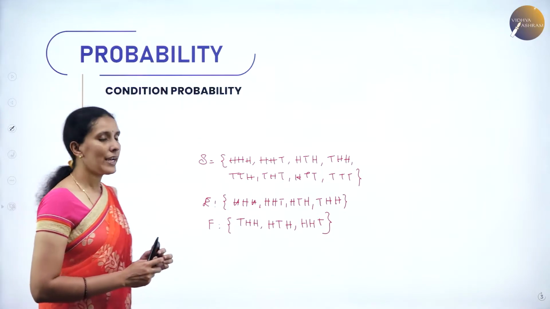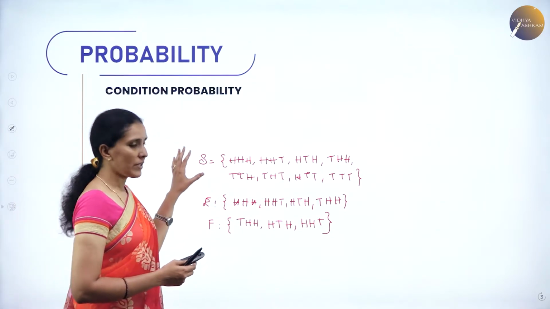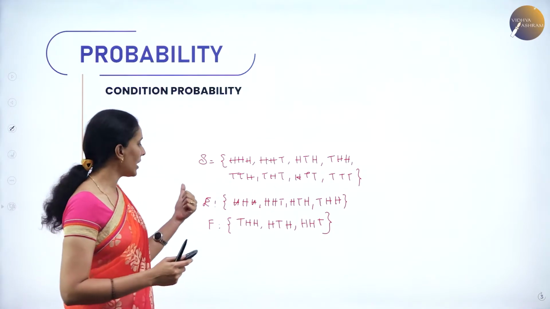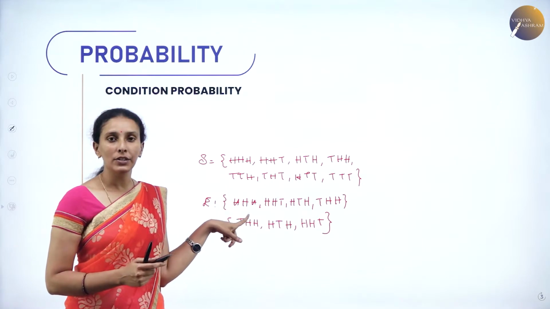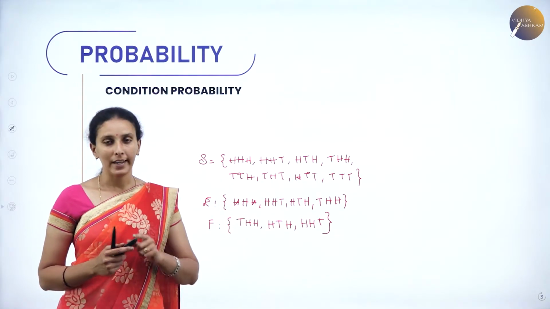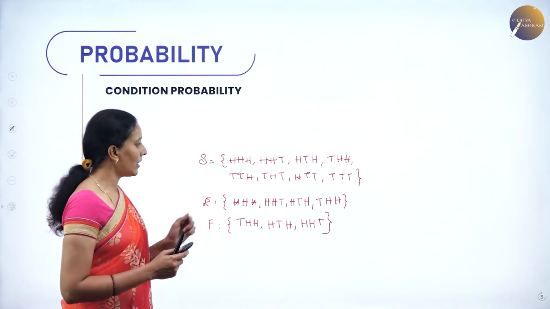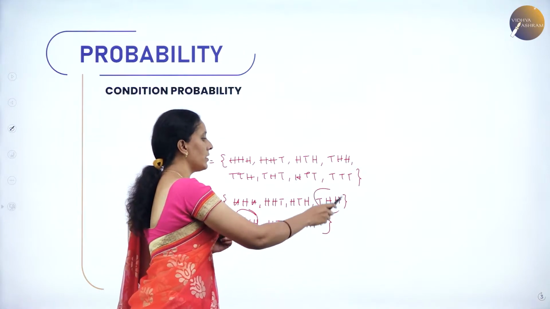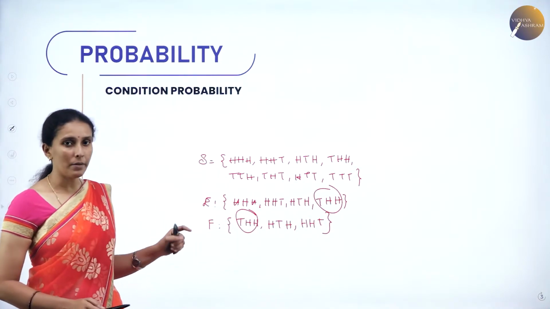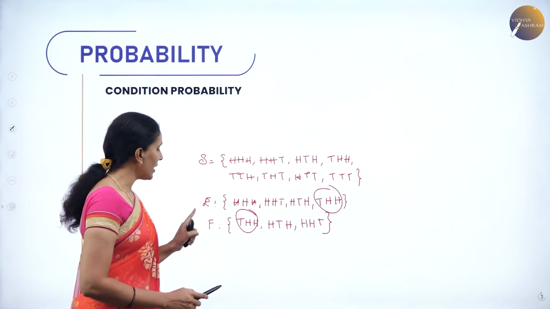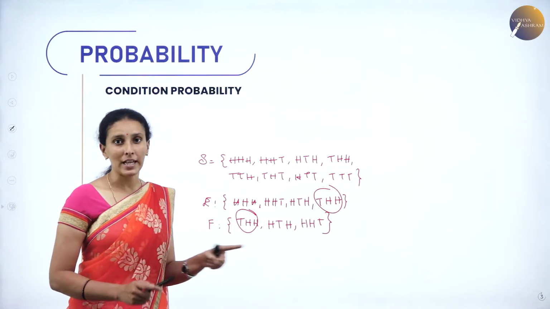Now this is the sample space of the experiment, and I need 2 events E and F, where event E is at least 2 heads, and event F is 1 tail. Clearly you can see here we have a common element in E and F. That means in event E also THH has to appear, and in event F also THH has to appear.